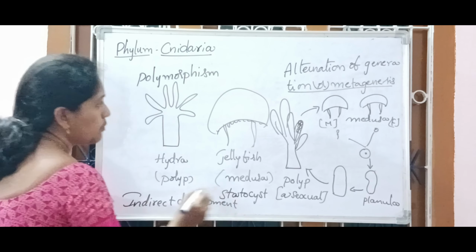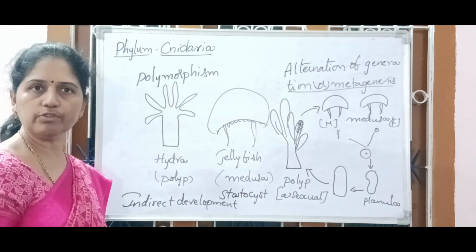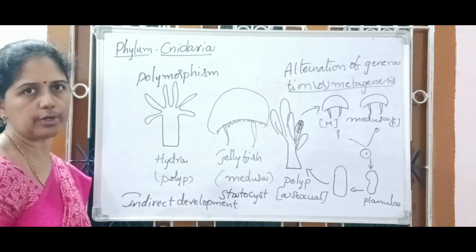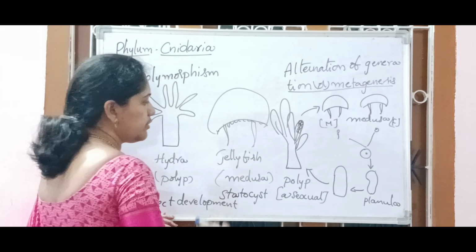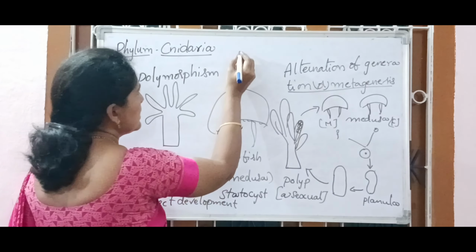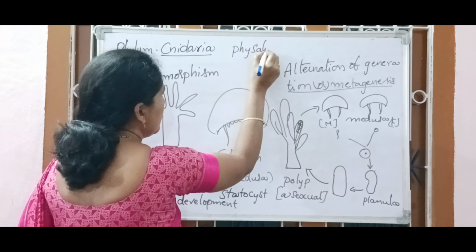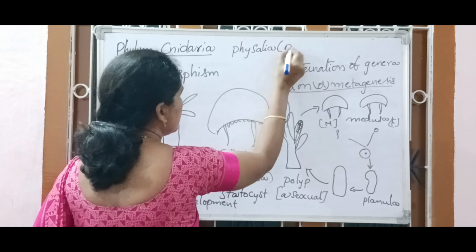Now, examples for the cnidarians. Hydra is a good example, which is generally called a freshwater polyp. Then jellyfish or Aurelia, which is also an example for cnidaria. One more example is Physalia, which is commonly called the Portuguese man of war.